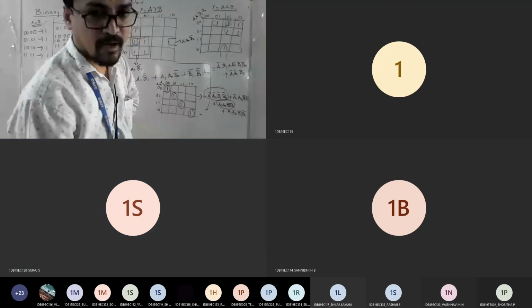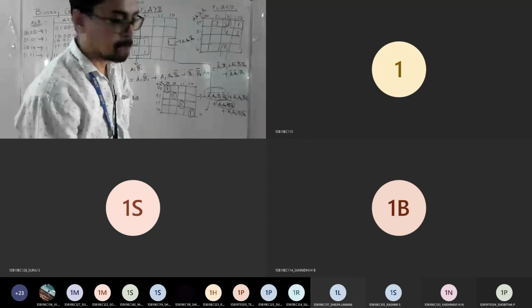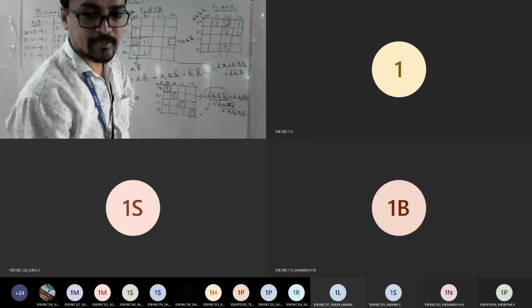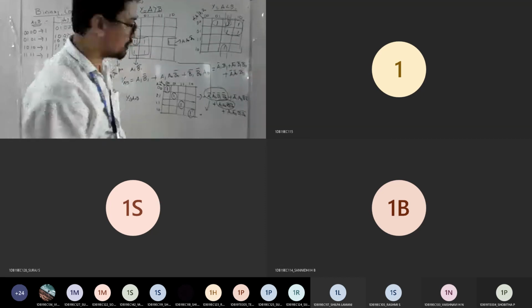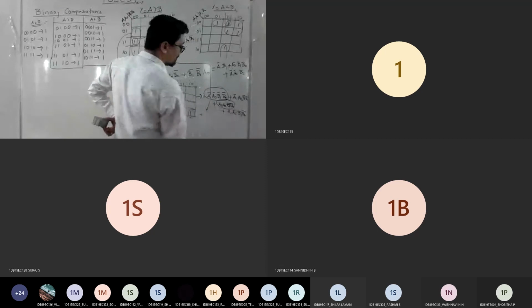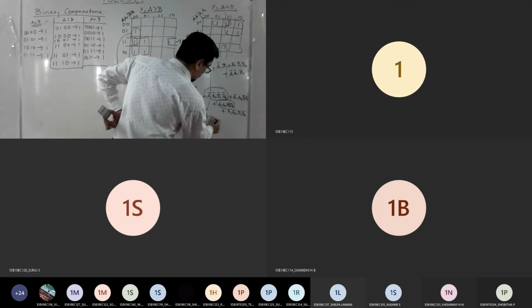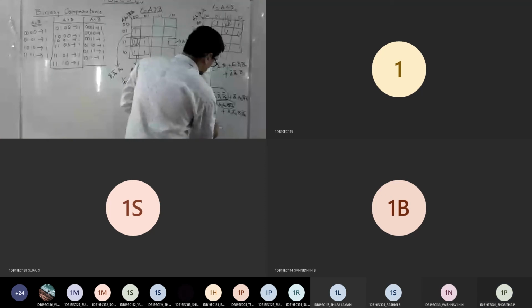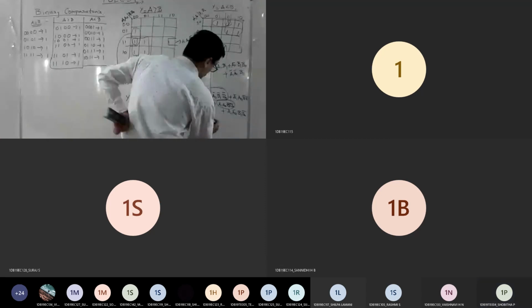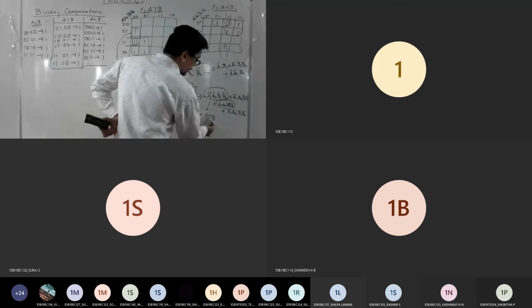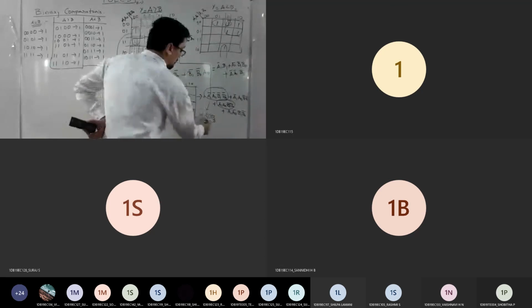How to write now? This complete term is A, this complete term is B. So can I write this as A XNOR B? Should I write A0 XNOR B0 for this?